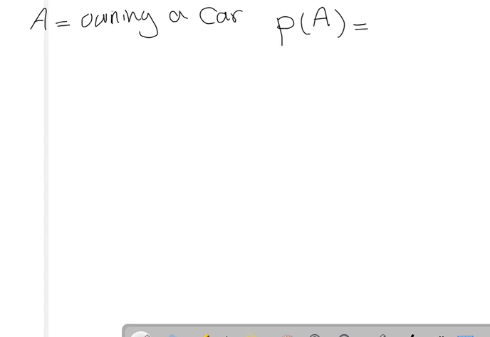If we consider A as owning a car, then the probability of A is 60% or 0.6.